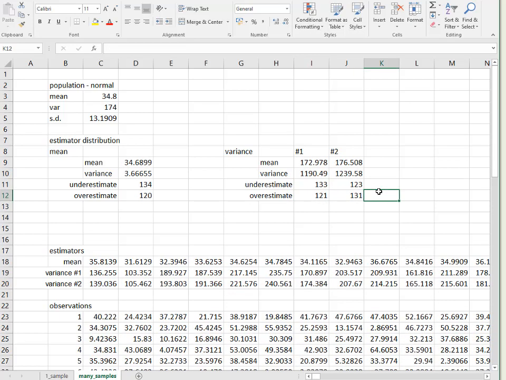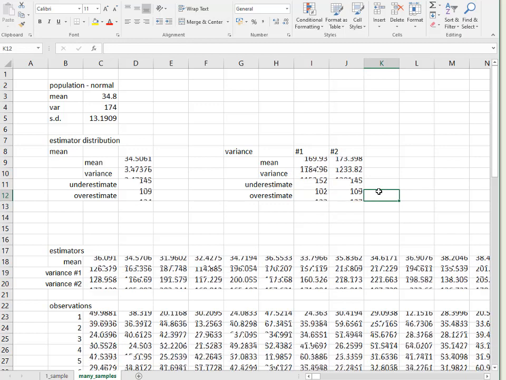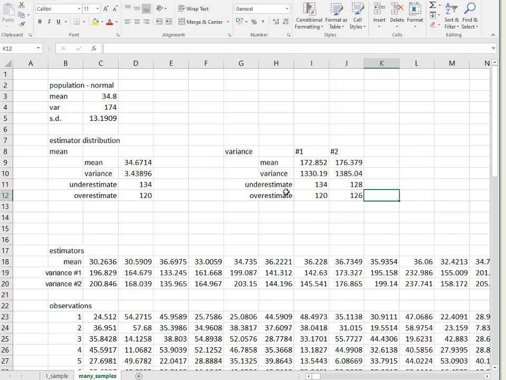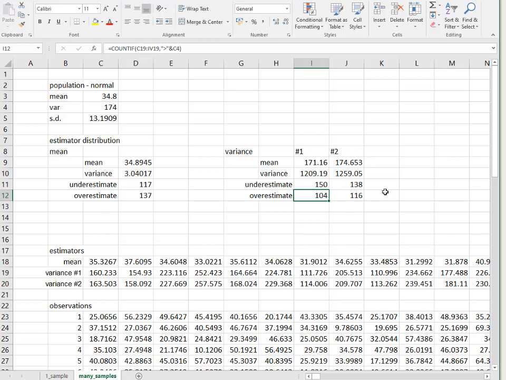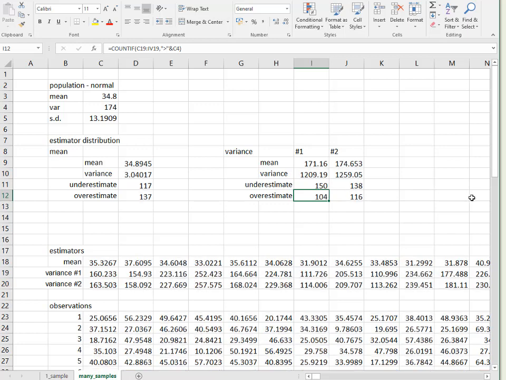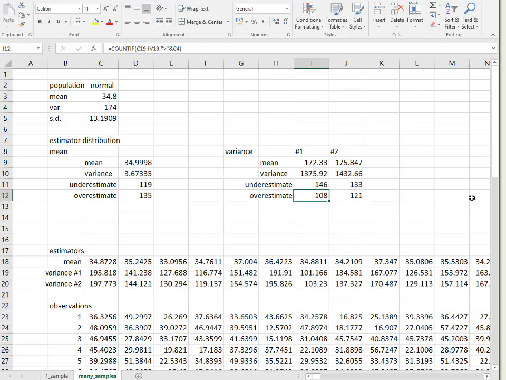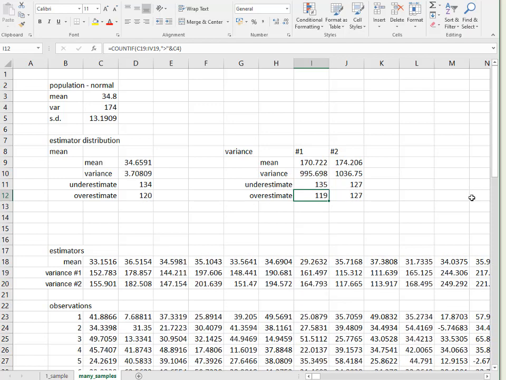A few more examples of this. So again, many more overestimates with that one, and closer with the other one. This is like the textbook case.